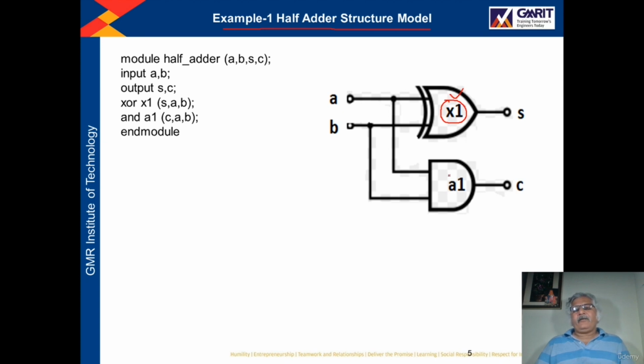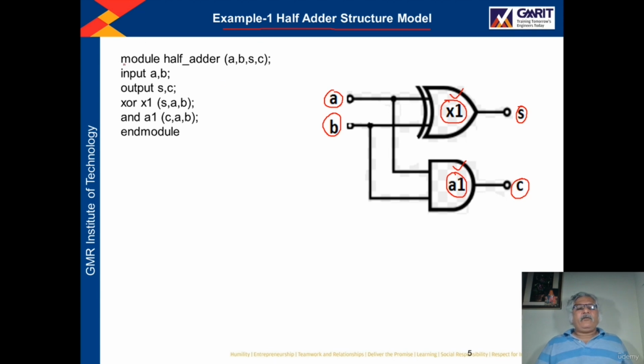This is the 2 input AND gate, and I have given its label X1 as well. The XOR gate is connected to my input port A and input port B. In the same way the AND gate is also connected to input port A and input port B. The output of the XOR gate is connected to the S port, that is the sum port, and the output of the AND gate is connected to another output port, named C, which indicates carry out.